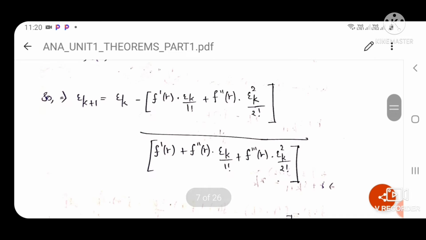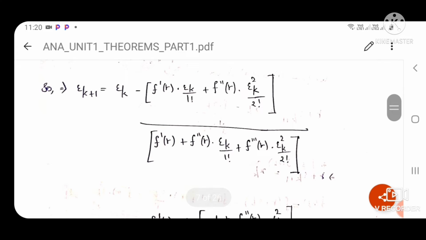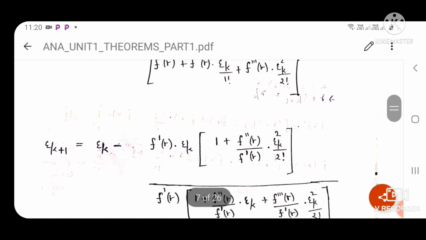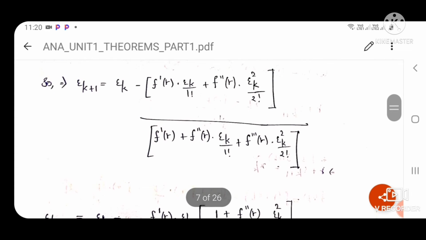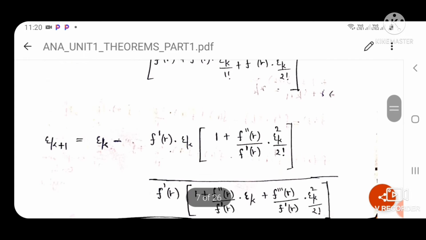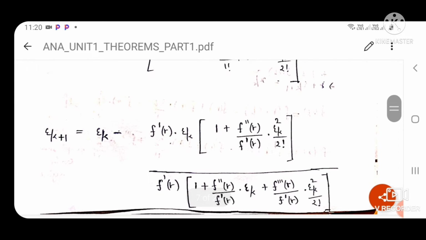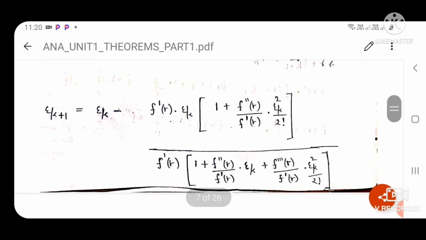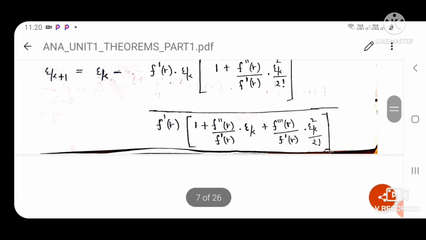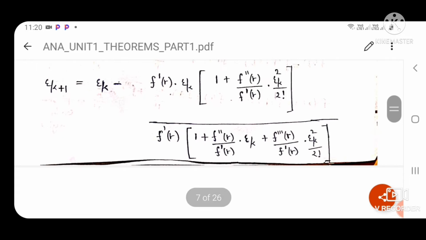So f of r becomes 0, giving you this particular step as what you see. Now, you're just going to take out f dash of r and epsilon k in the numerator as a common factor, and f dash of r as a common factor in the denominator. Both of them obviously get cancelled.